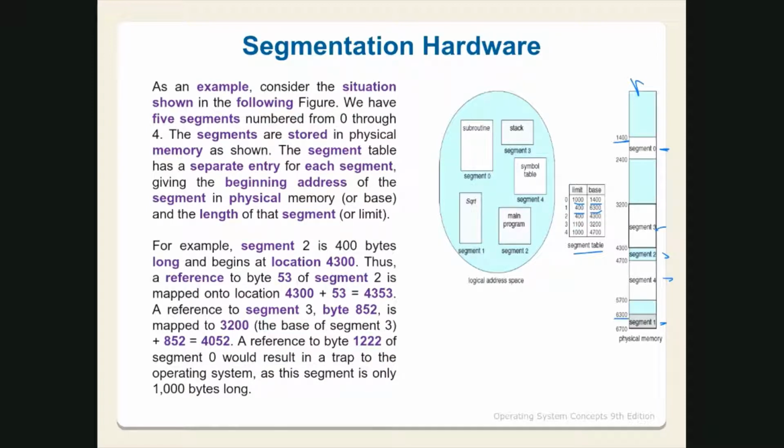Segment 1 starts at 6300, size is 400. So 6700 is where it finishes. You need to add the base with the size, and you will get the end address. So 6700 is the end. It's for the next segment.